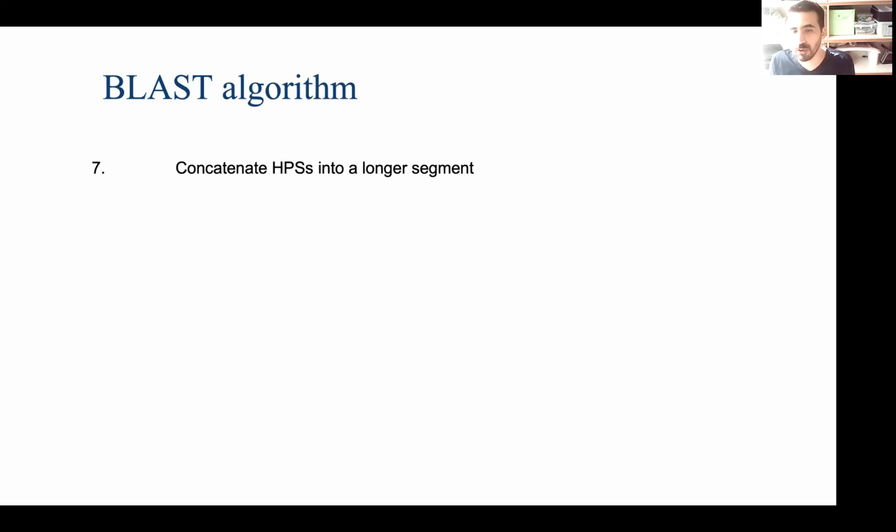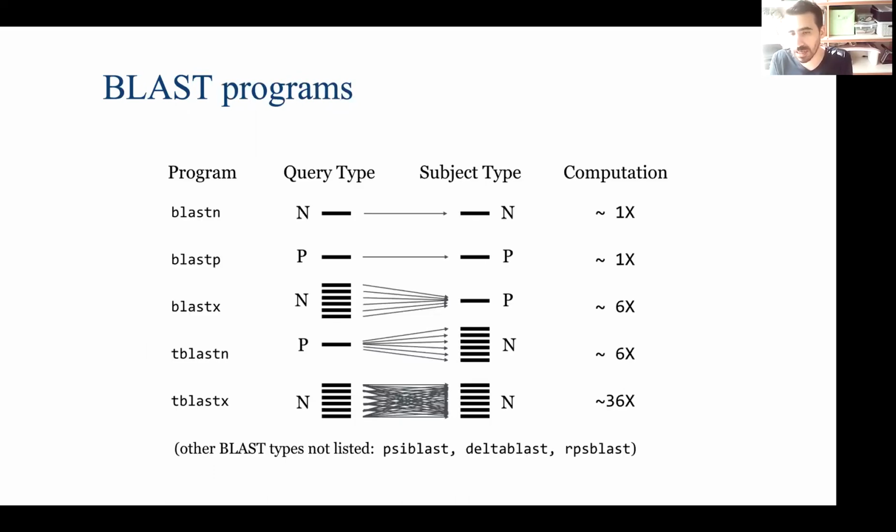Okay, then for local alignment, you basically concatenate these high scoring pairs into longer segments, and at the end we have your BLAST. I don't want to go into detail regarding BLAST, but there are several options: you can BLAST nucleotide against nucleotide database, protein against protein database, nucleotide against protein database, or protein against nucleotide database, and finally nucleotide against nucleotide database, but just by converting them to protein sequence, which I will not go into detail for now, but if you have questions, I can answer them.